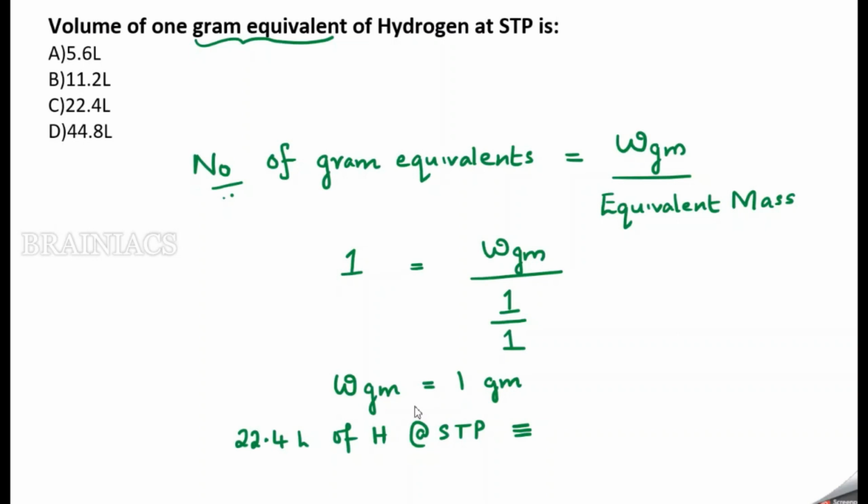So I can say that is equal to 2 gram at STP. Since it is a gas, we are talking about molecule, so that's why 2 gram is coming into picture.